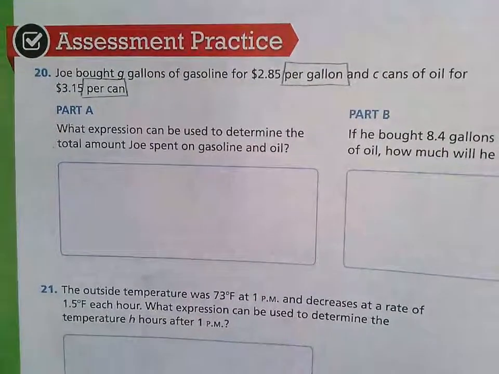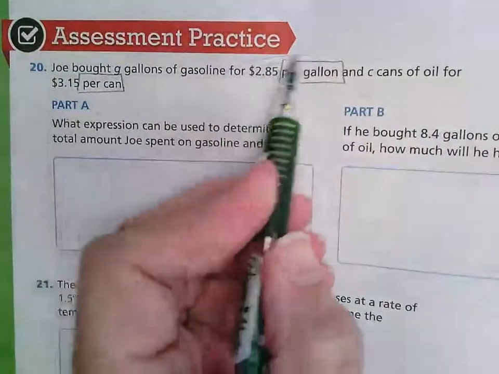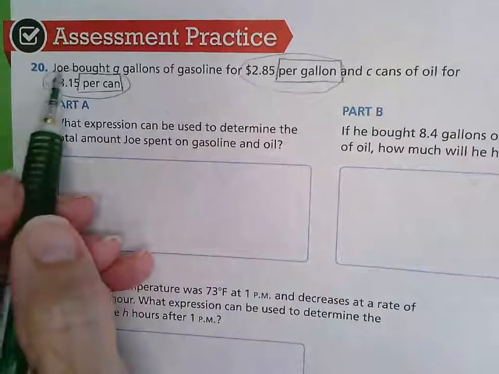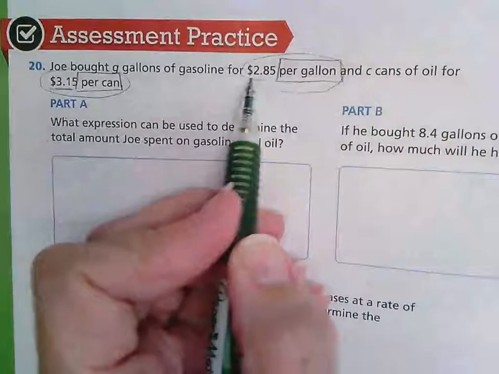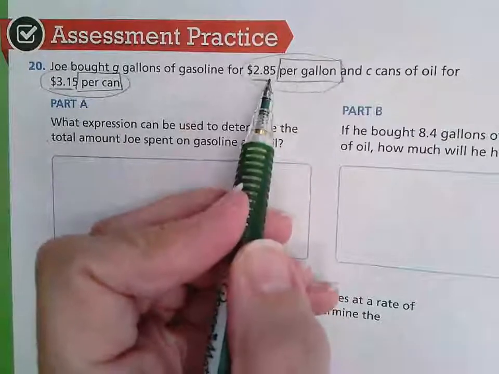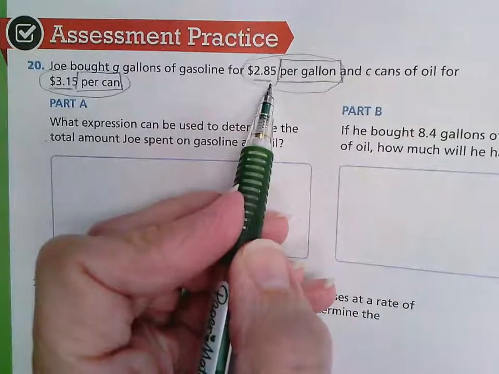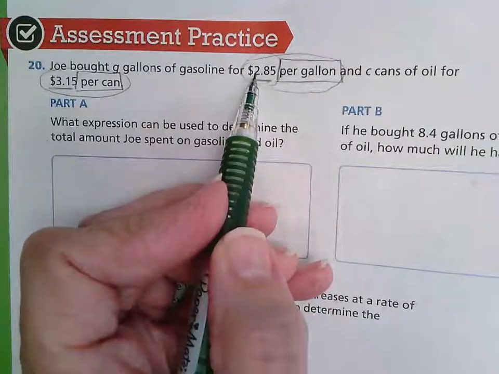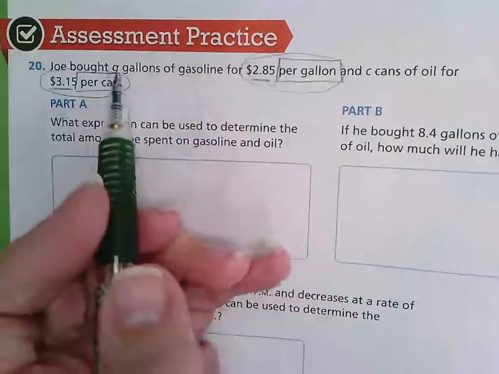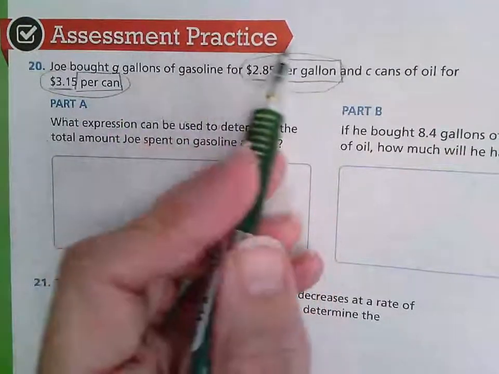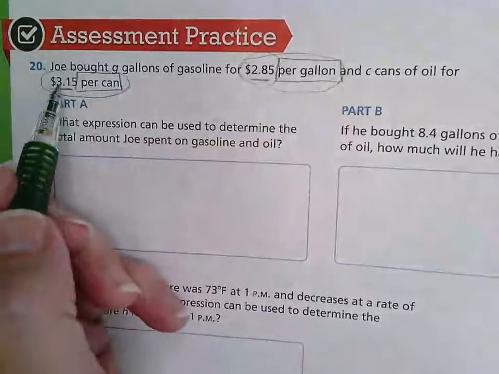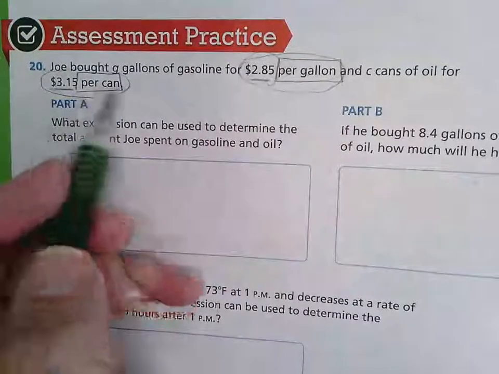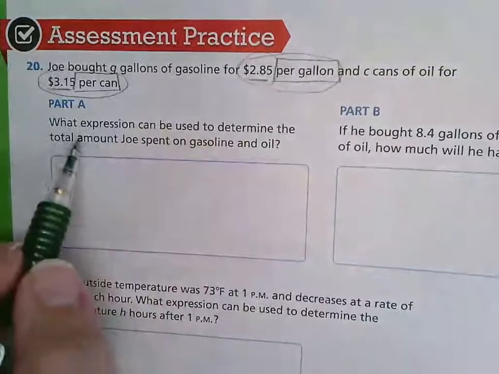So, by now we recognize that when we see per something, like per gallon and per can, the real number that precedes that is going to be our coefficient for our variable. So I'm going to have $2.85 G for my total cost of gasoline and $3.15 C for my total cost for however many cans I am buying.